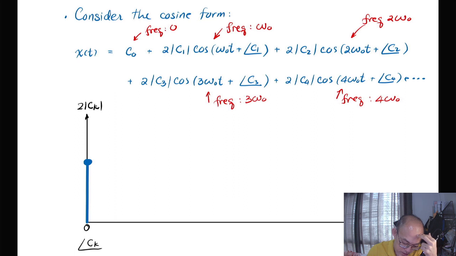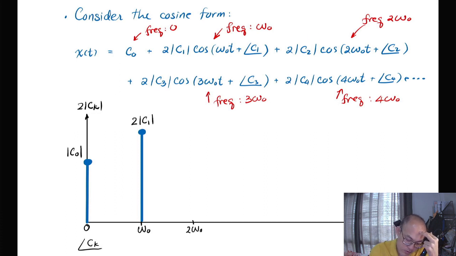Now at frequency omega 0, I'm going to plot 2c1, whatever it is. Let's say that 2c1 is right here. This is c0, and this is frequency 2 omega 0.